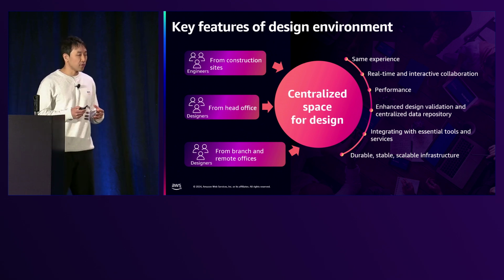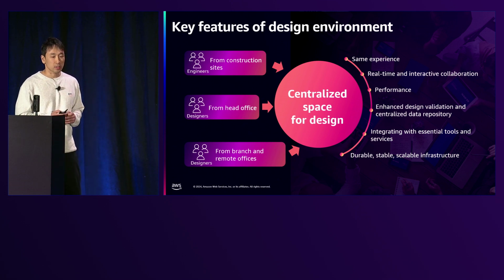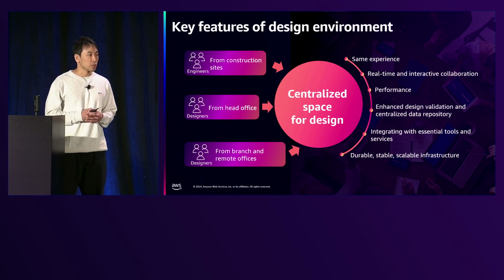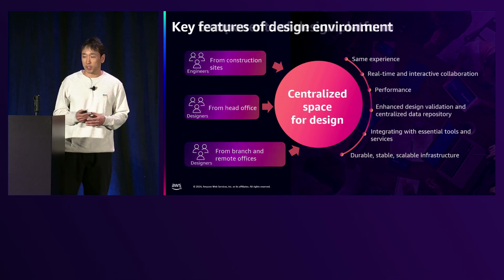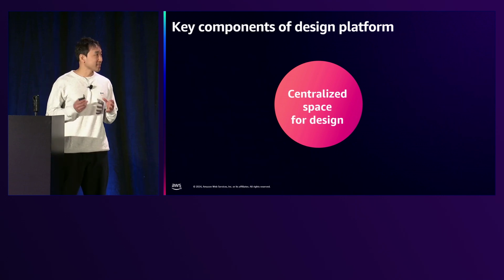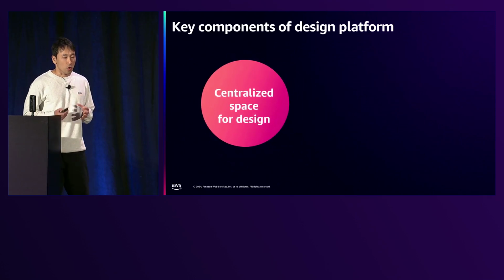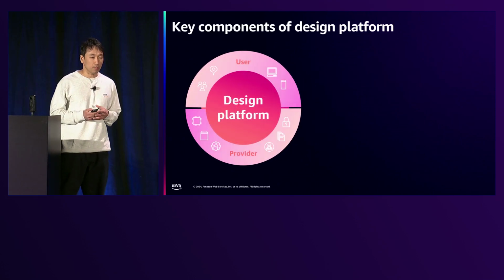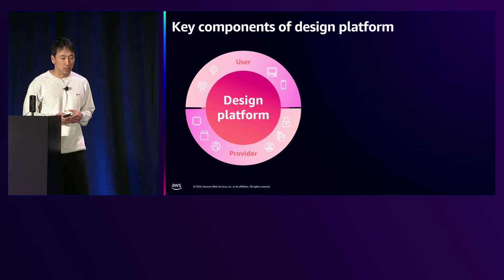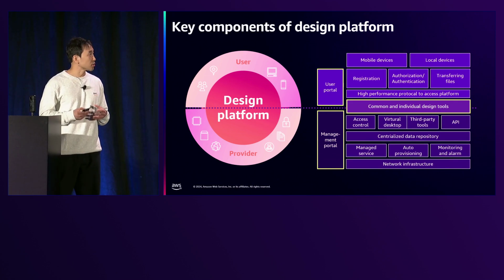However, we still face several challenges from user experience and performance, such as latency during remote access, and ensuring the availability of essential design tools. By integrating a centralized space with various elements, we can create a design platform to address the challenges we discussed earlier. We can modularize each required feature as shown in this diagram.